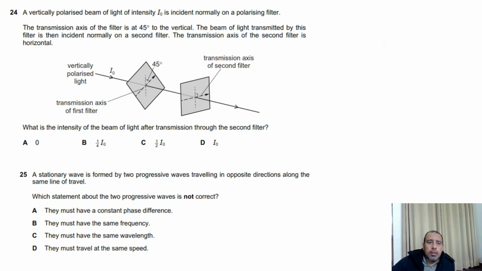This is question number 24. You know that initially the intensity coming towards this polarizer is I naught, and the intensity at this point is I. The relation is I is equal to I naught cos square theta. For the first one, this is I naught and cos square 45.